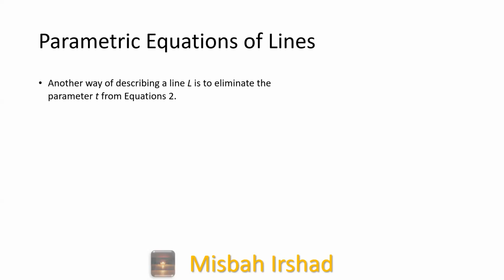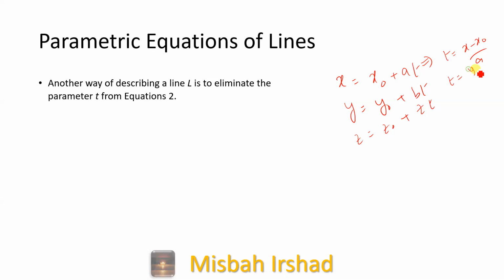Another way of describing this line is to eliminate the parameter t from the parametric equations. The parametric equations are x equal to x naught plus at, y equal to y naught plus bt, z equal to z naught plus ct. This gives us t equal to x minus x naught over a, t equal to y minus y naught over b, and t equal to z minus z naught over c. Since the right-hand sides of these equations are all equal to t, they are all equal.